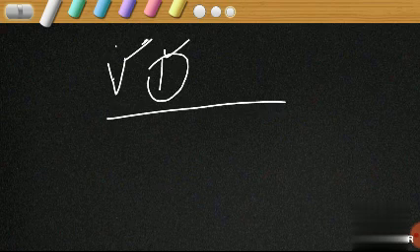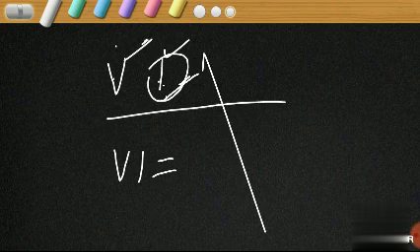So let's consider two numerals, V and I. We have written I on the right side of V. Among these two, which is smaller? I is smaller than V. That means in VI, we have written a smaller numeral I. What is the value of I? Value of I is 1.